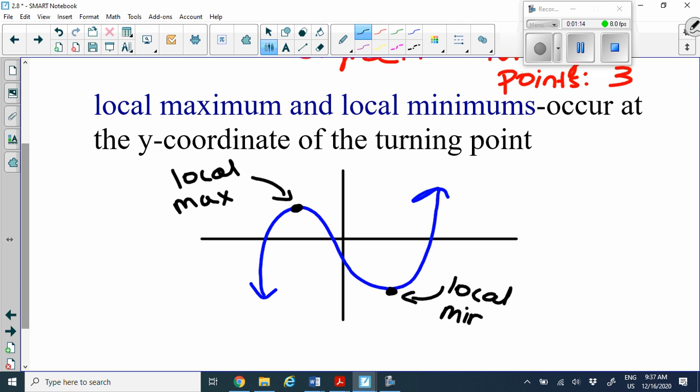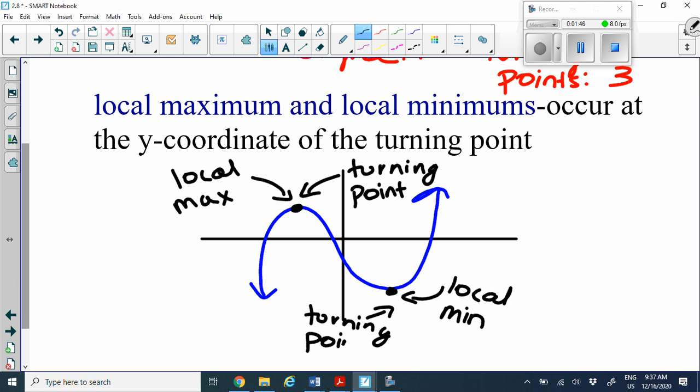And so basically a turning point is a point at which the graph goes from either increasing to decreasing or decreasing to increasing. So those 2 points that I labeled, the local max and local min, are also called our turning points. So that's just a little bit more information about when we sketch. You might see some local minimums and maximums there.